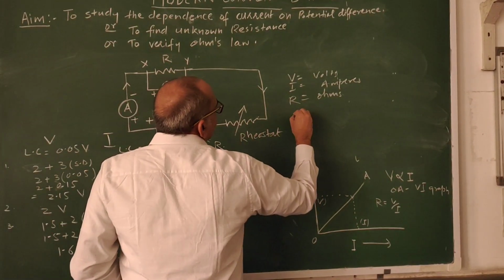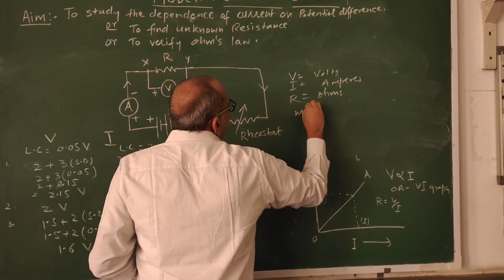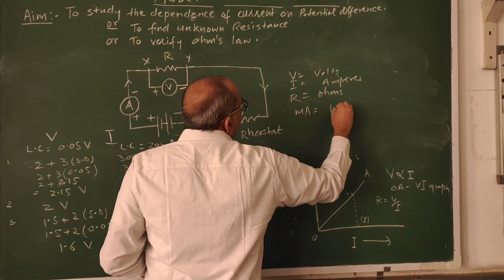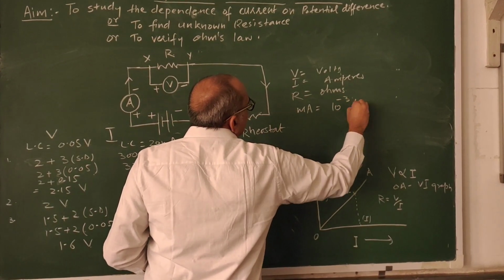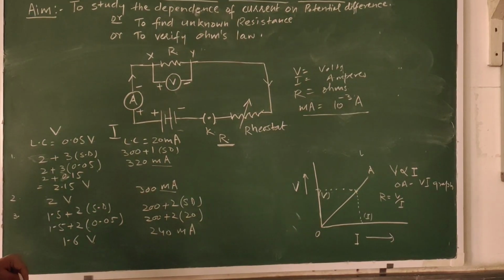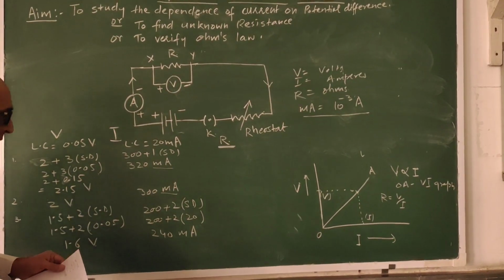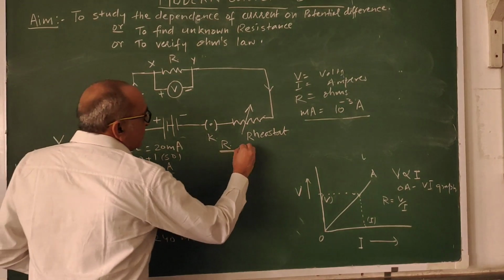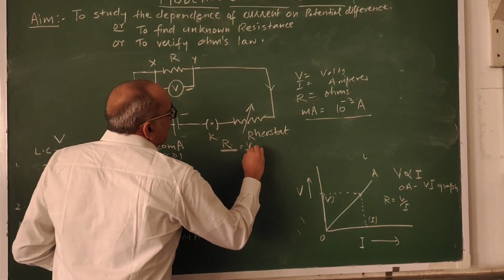So 1 milliampere is equal to 10 raised to power minus 3 ampere. Use this conversion and we are going to get the correct value. So I am finding R for you. R is V upon I.